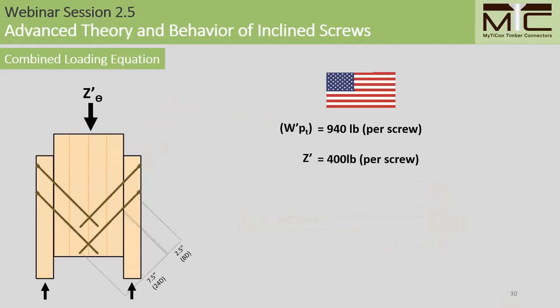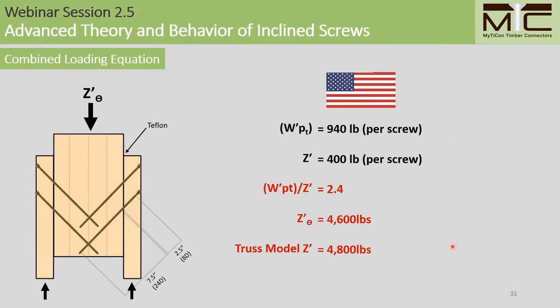So on to the design examples. In the case of the first specimen, where we have 8D thread penetration in the side member, we have a short-term adjusted axial capacity of 940 pounds per screw and an adjusted short-term lateral capacity of 400 pounds per screw. This means that the ratio of the axial capacity and the lateral capacity is 2.4, and I'll explain the reason for mentioning this later.